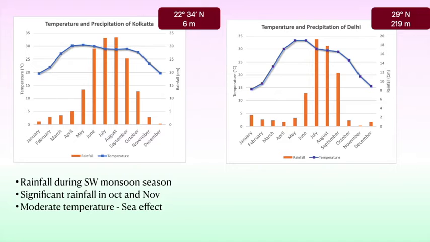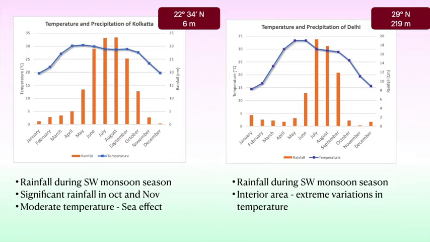So the maximum rainfall Delhi has is in July. August and September also receive substantial rainfall. Thereafter, in winter months, Delhi receives little rainfall. So we have to note that Delhi experiences higher fluctuation in temperature because it is an interior area, far from the sea.